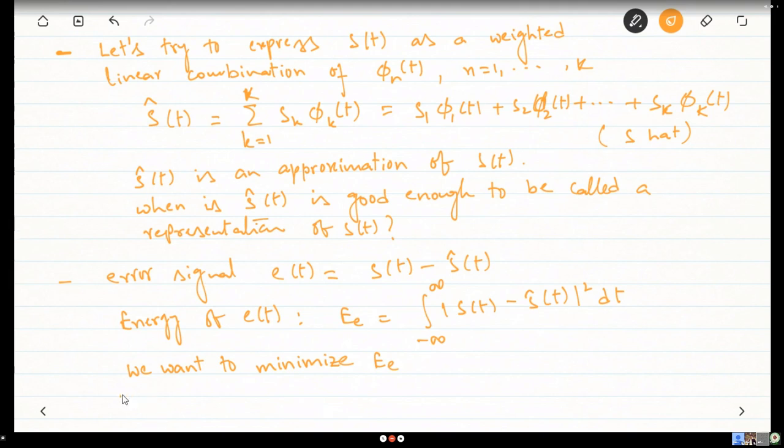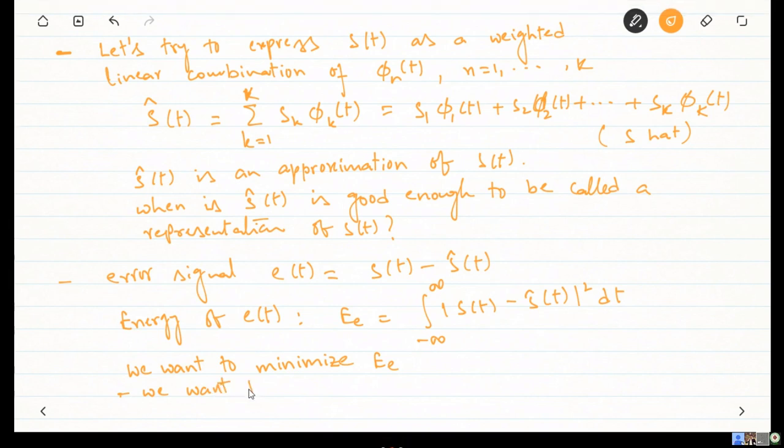In other words, I'll write this on the next page. What I'm trying to say is we want to find these coefficients S1, S2, S3, S4 up to Sk in such a way that the energy in the error signal is minimum.